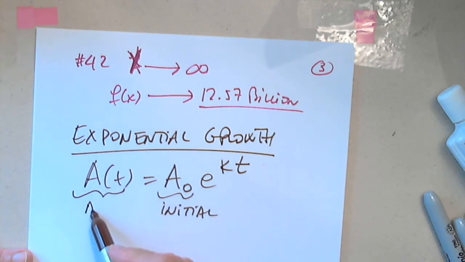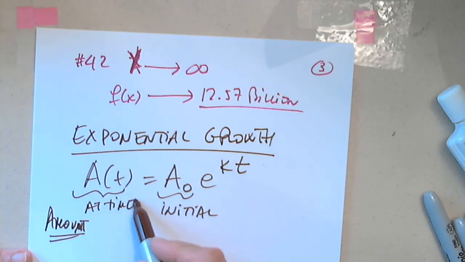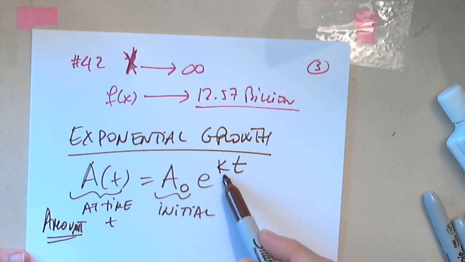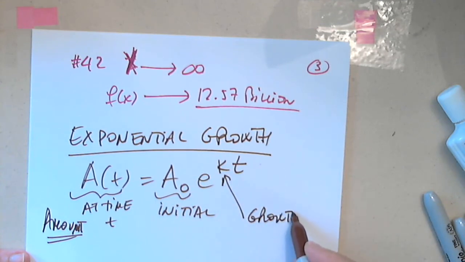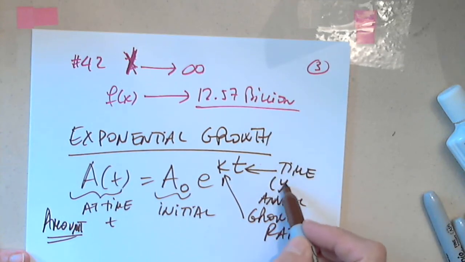This is the amount at time t. e is our friendly number. k is the exponential growth rate, annual growth rate. And t is time in years.